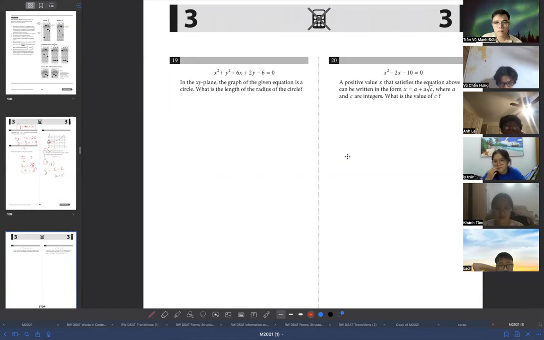Not sure about this one. Okay, let me remind you, everyone, this is the circle formula. Tom, can you remind me of the circle formula? Let's see. X minus a squared plus y minus b.